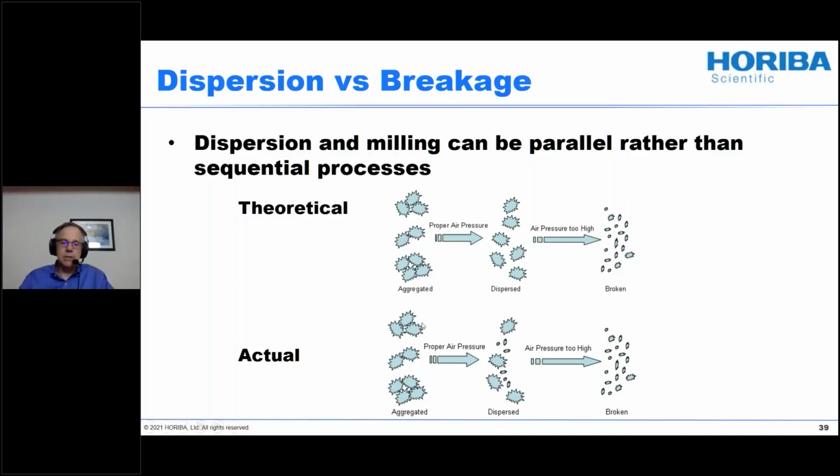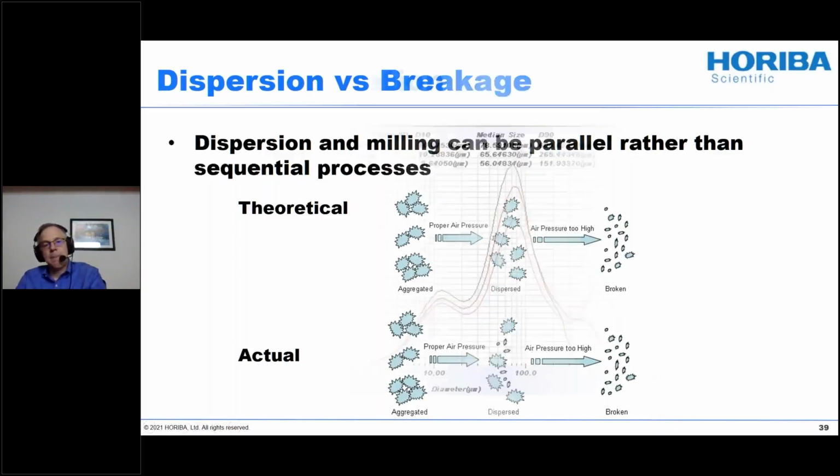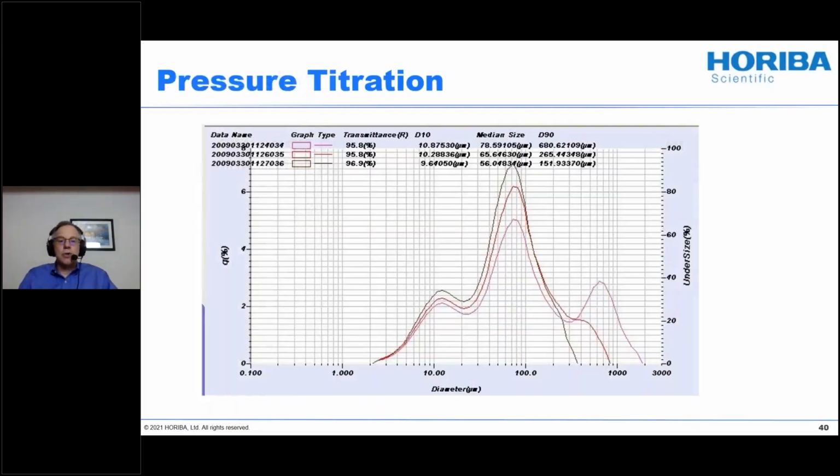What actually happens is I add some air and they break up, but in addition to the agglomerates breaking up, I break a few of my real particles into even smaller particles. So once you're aware of this phenomenon, you're halfway there, because you've realized you can't get perfection, and so you're looking for the right compromise.